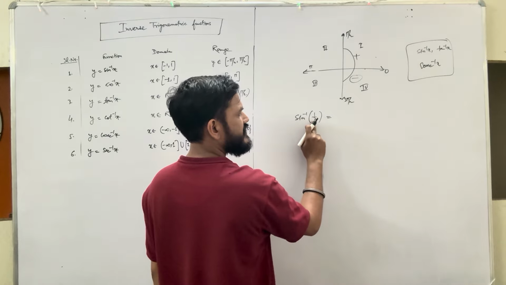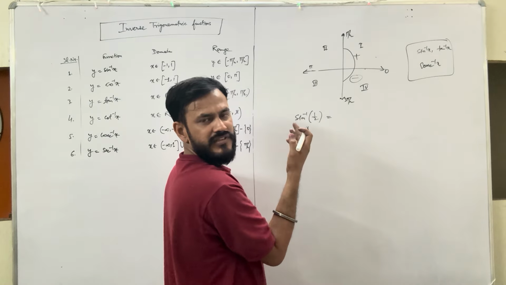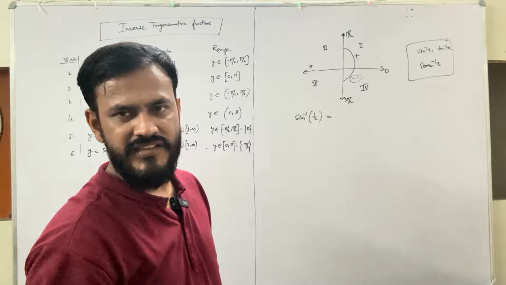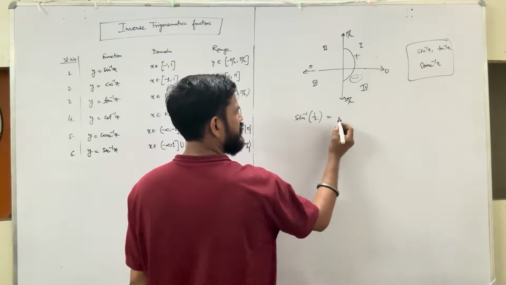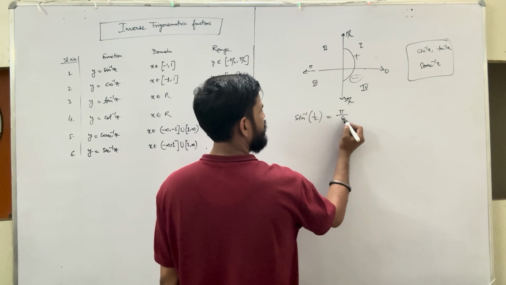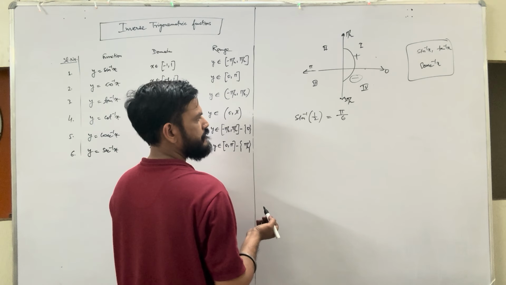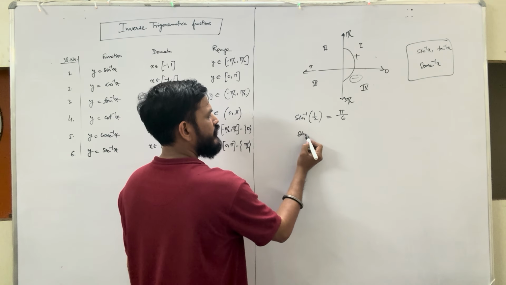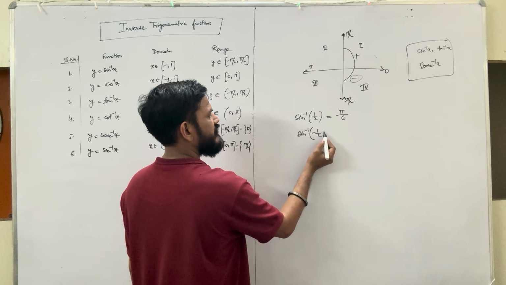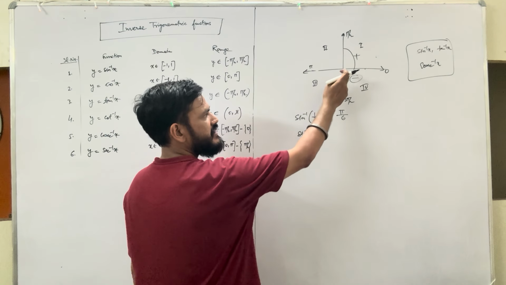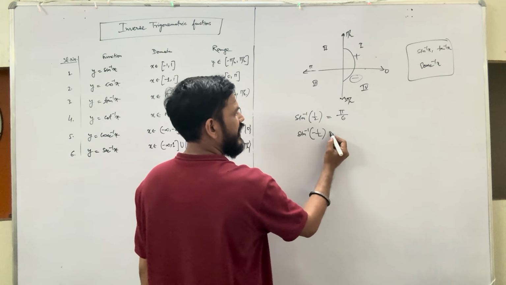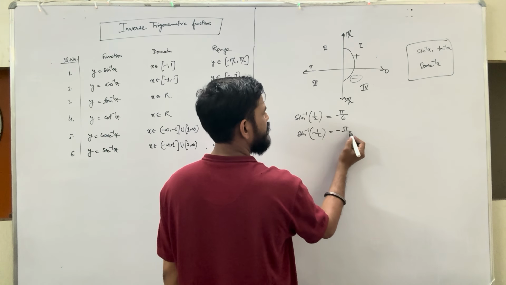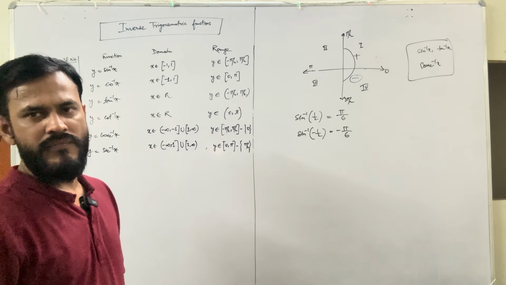The angular value for which sine theta is half is 30 degrees, so it will be pi by 6. Now if we want to find sine inverse of minus half, you see the argument is negative, that means it should be in the fourth quadrant. So the angular measurement should be just negative of the theta.